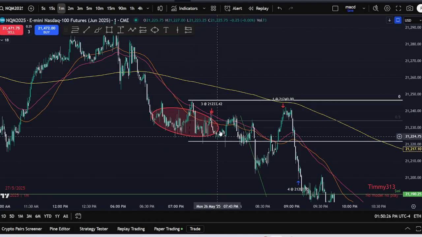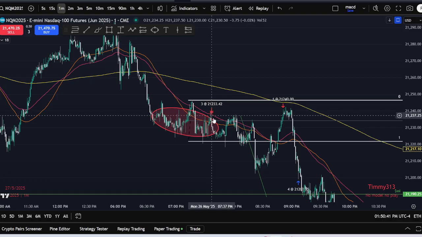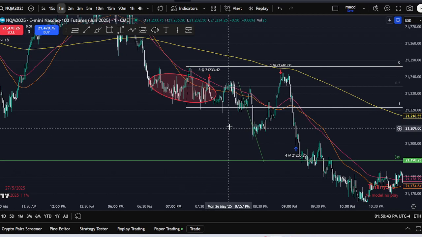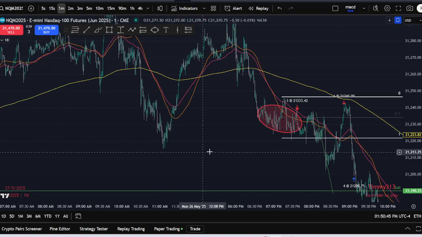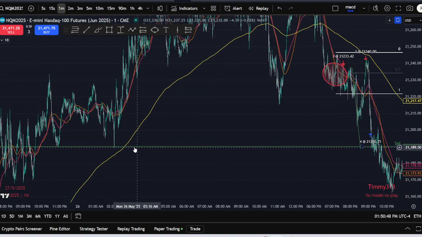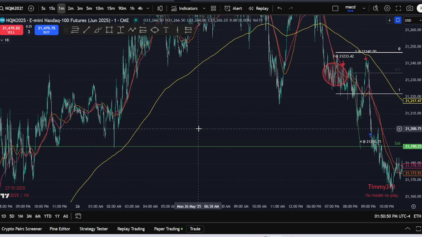So whenever you are seeing the football form, you can pull from the high to the low and look for it to come back up above the 0.5 so that you can go short, and you're aiming for a nice pool of liquidity, which this was a beautiful pool down here, a nice double bottom.